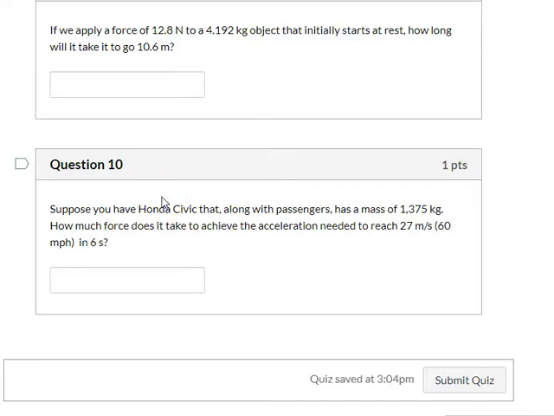Number 10. You have a Honda Civic along with passengers that weighs 1375 kilos. How much force does it take to achieve the acceleration needed to reach this velocity? So we have a velocity, a time, and a mass.